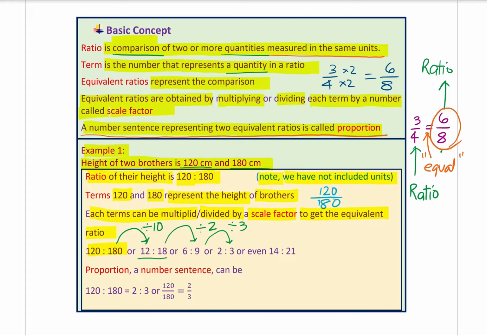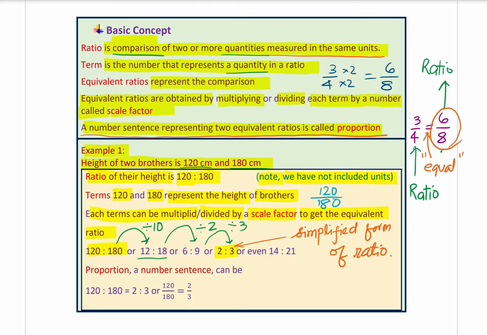This ratio 2 is to 3 is the simplest form. It cannot be simplified further. So sometimes we also say, what is the simplified form? Correct?